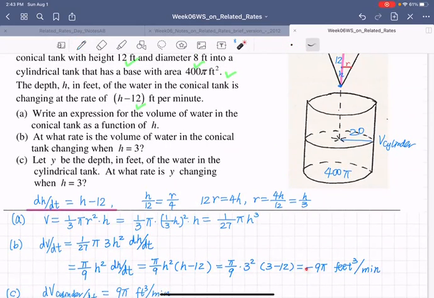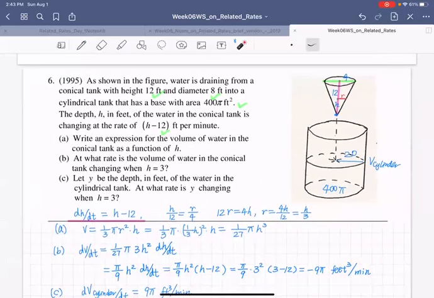What's the reason this equals a negative? The negative 12 here. What does positive mean?